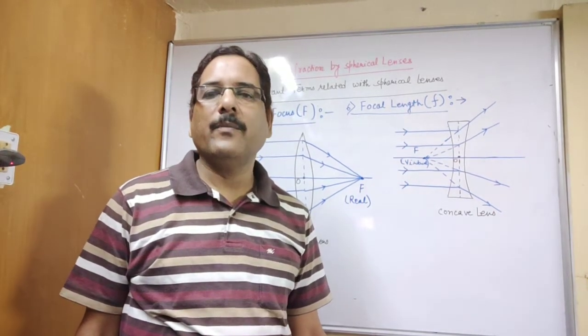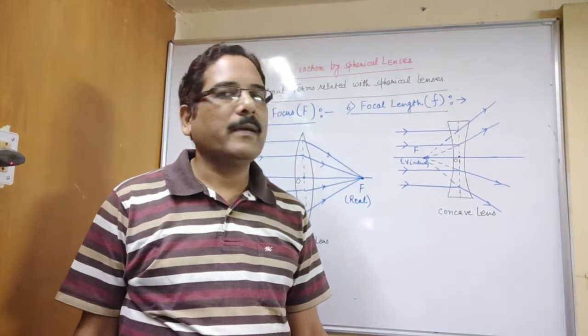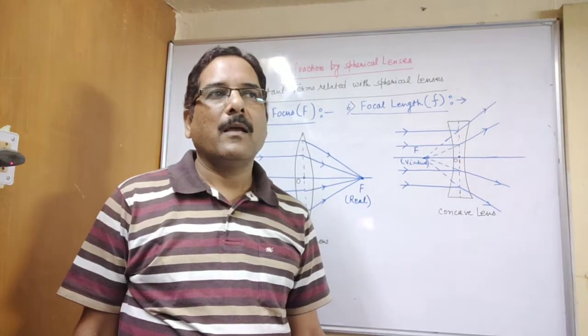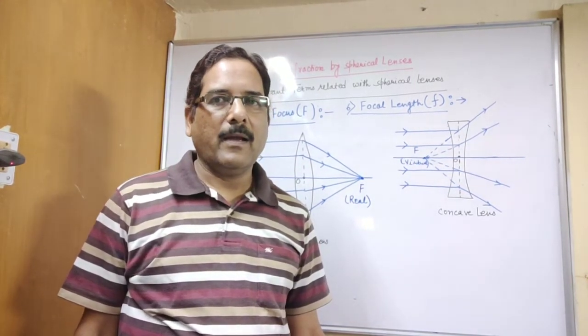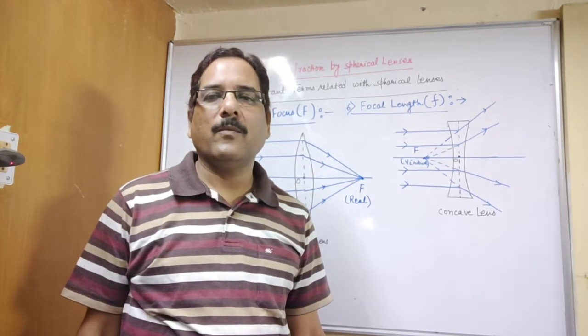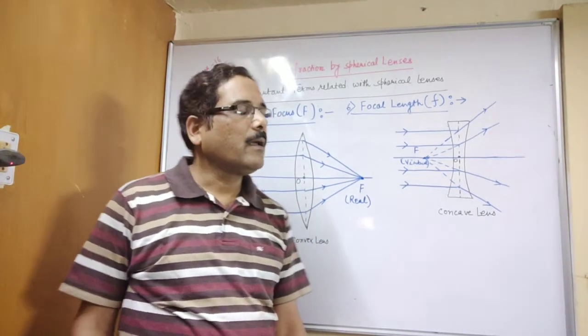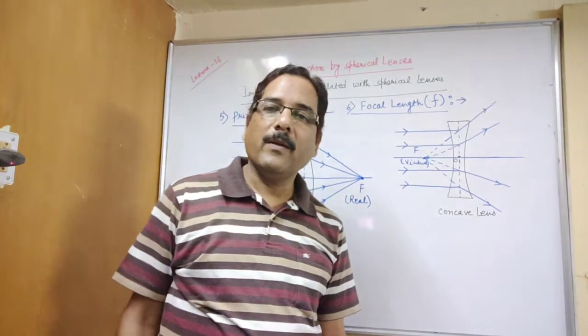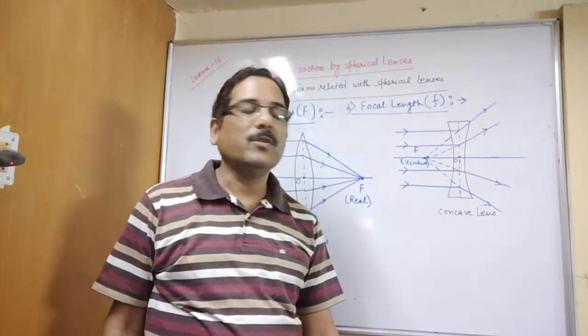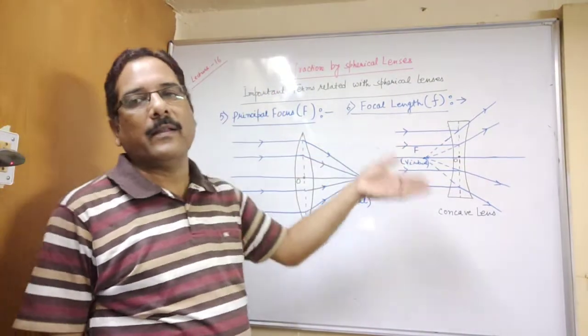Because in the next class, which is tomorrow, we will again discuss a very important topic, that is image formation by spherical lenses. And every year we are getting questions in the board examination from that topic. So it is a very important topic, and we have to use these terms frequently there.